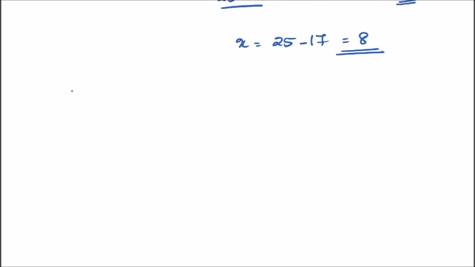Now we need to find the value of y. For that, we know that sigma Fi is equal to 45 plus x plus y. That's equal to the total number of frequencies, that's equal to 60.